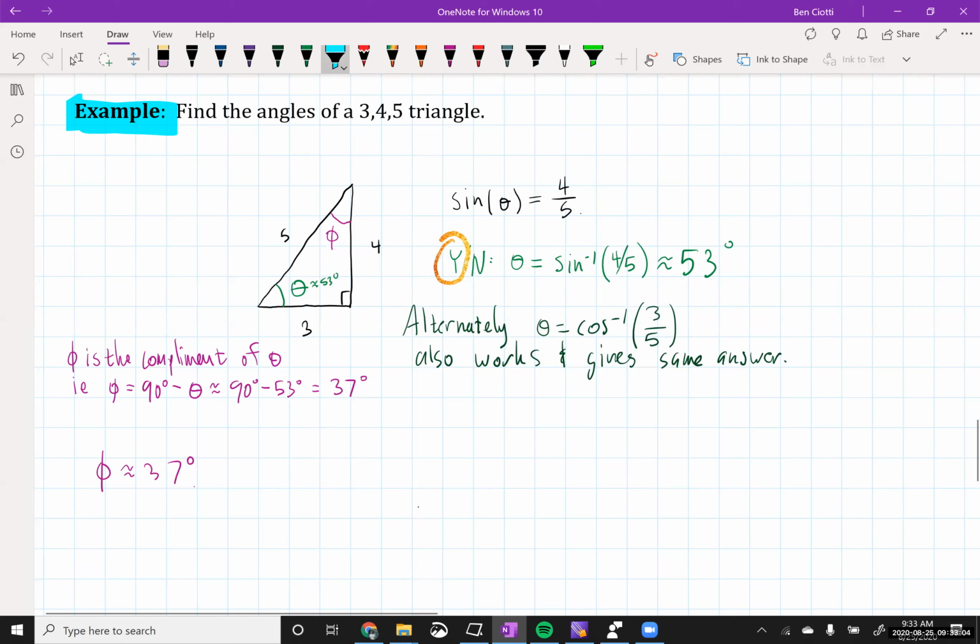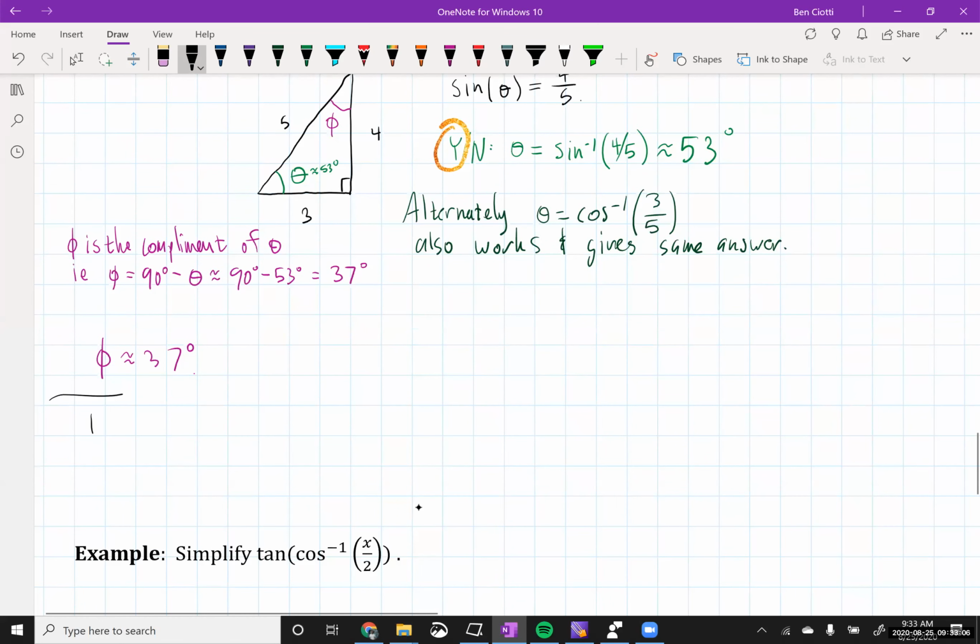Like a 6, 8, 10, that's just a 3, 4, 5 triangle that has been blown up to twice its size, but it will have all the same angles because it's similar. So you have to come up with a totally new Pythagorean triple.